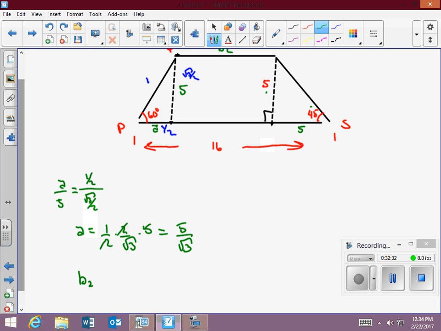Base 2 is going to equal 16, which is base 1, minus 5, and then minus 5 over the square root of 3. So this is 11 minus 5 square root of 3.